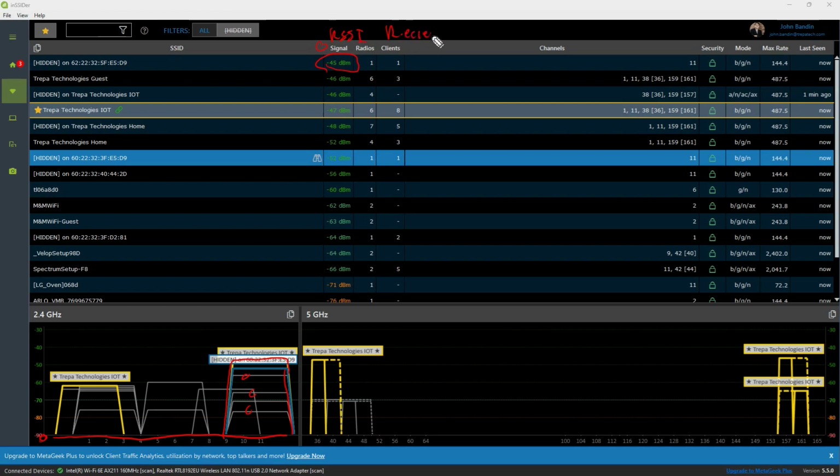So this application Insider is just this graphical representation of what our Wi-Fi NIC is actually seeing. It's saying, okay, I'm only getting minus 45 decibels. So that's my best signal. So that's what I'm going to want to connect to.